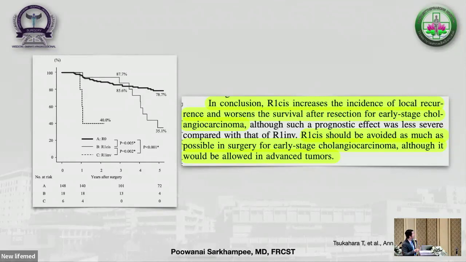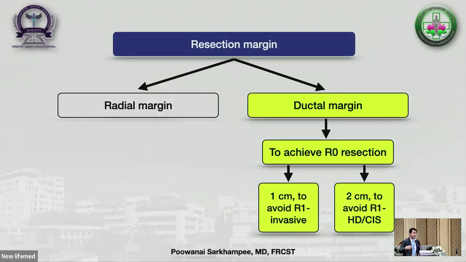And if the patient has CIS or high-grade dysplasia, the patient has a lower survival outcome than R0 resection. So CIS and high-grade dysplasia is not different in overall perihilar cholangiocarcinoma, but in early stage cancer, especially lymph node negative T1 to T2, it is important.